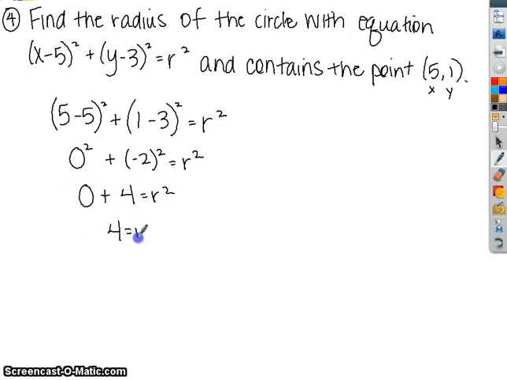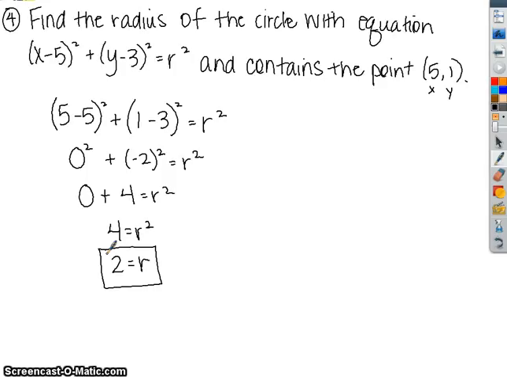So 4 = r². Well, that would mean that the radius would have to be 2. Okay, so don't let that throw you off. All you have to do is plug in for the x and the y, and then the rest of it is just a matter of solving the equation.